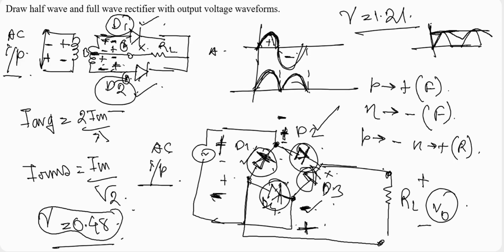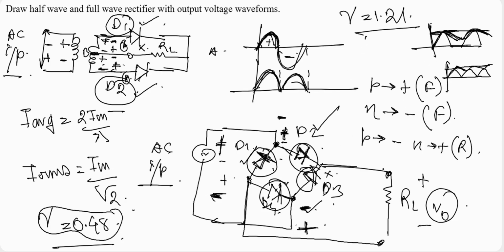This curvy waveform that I am drawing here is the ripple. But in the half wave rectifier, we are getting output voltage like this, and if this straight line is our desired voltage, we can say the ripple is like this. So we can see the ripple here is much higher than the ripple here. The ripple in the half wave rectifier is much greater than in the full wave rectifier.